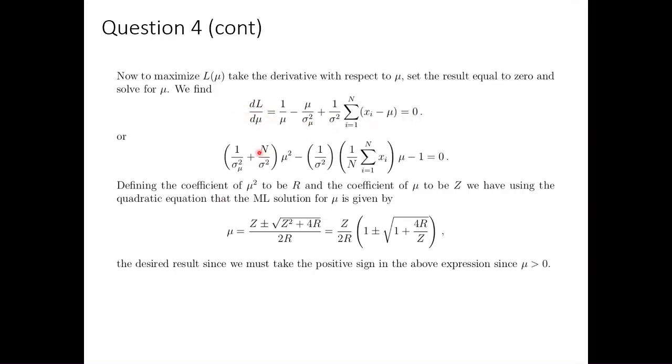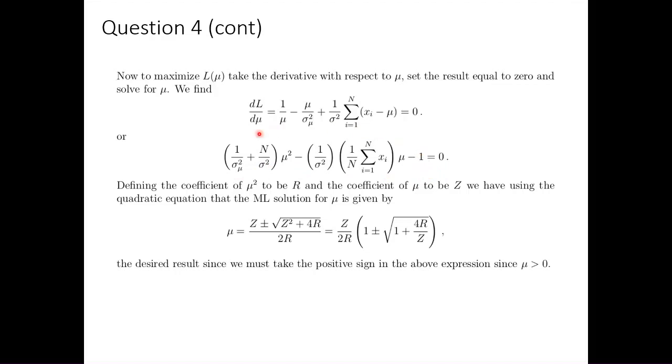When you take the first order derivative, you have a 1 over mu here. That will create some quadratic term in mu, right? And then the log goes to 1 over mu, so it disappears. So the first order necessary and sufficient condition creates a second order equation in mu, with mu squared.